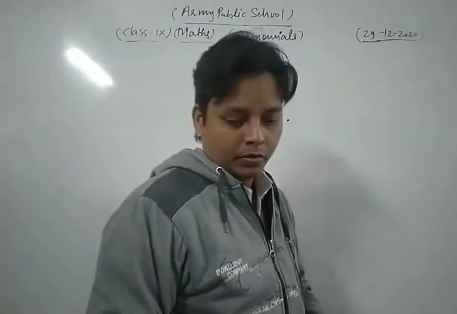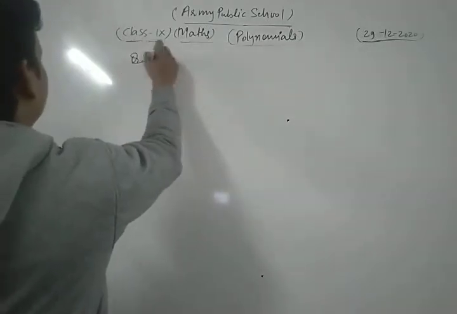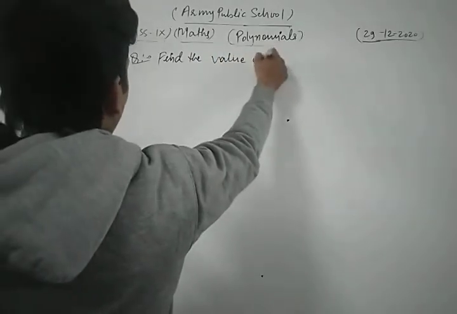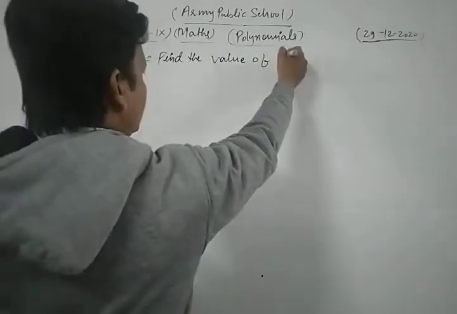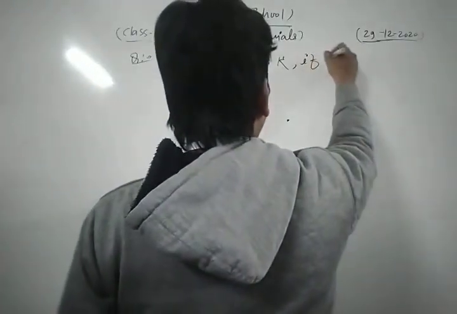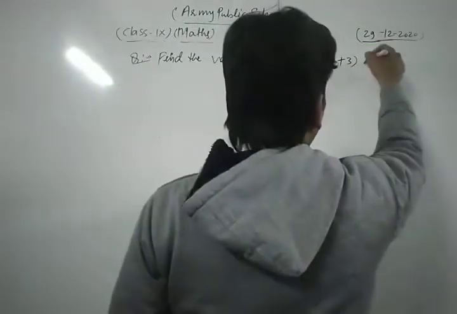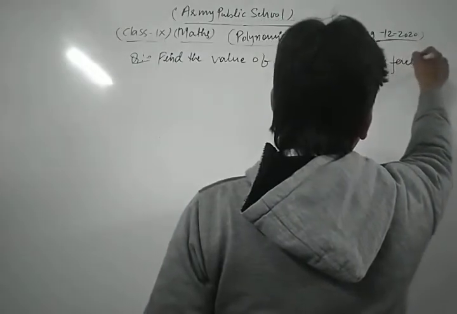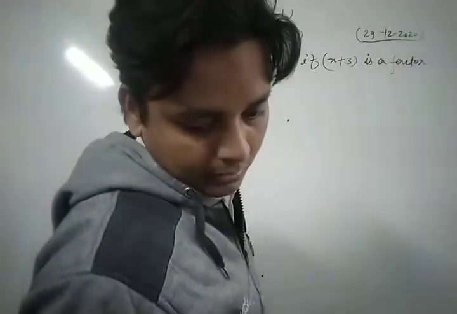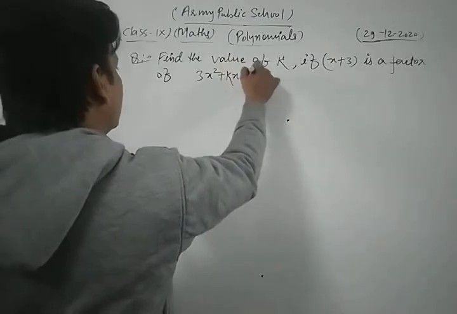Find the value of k, if x plus 3 is a factor of 3x square plus kx plus 6.